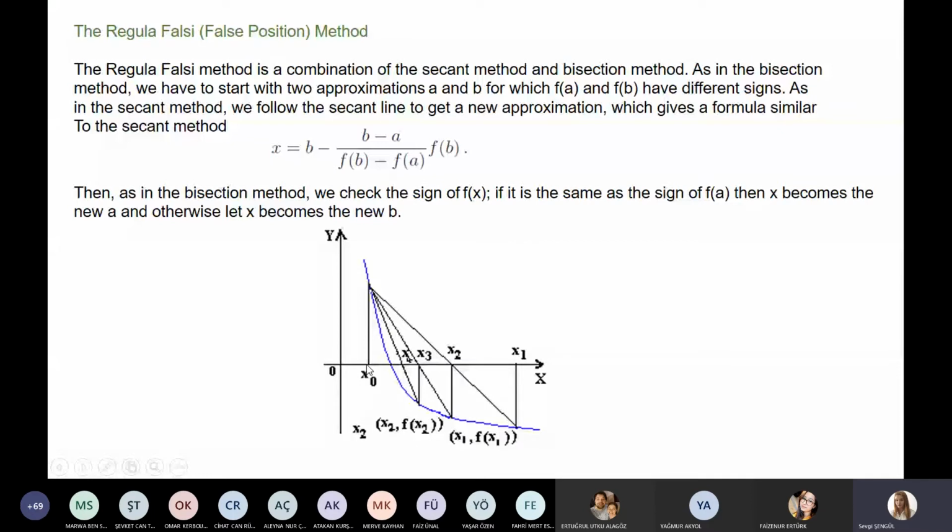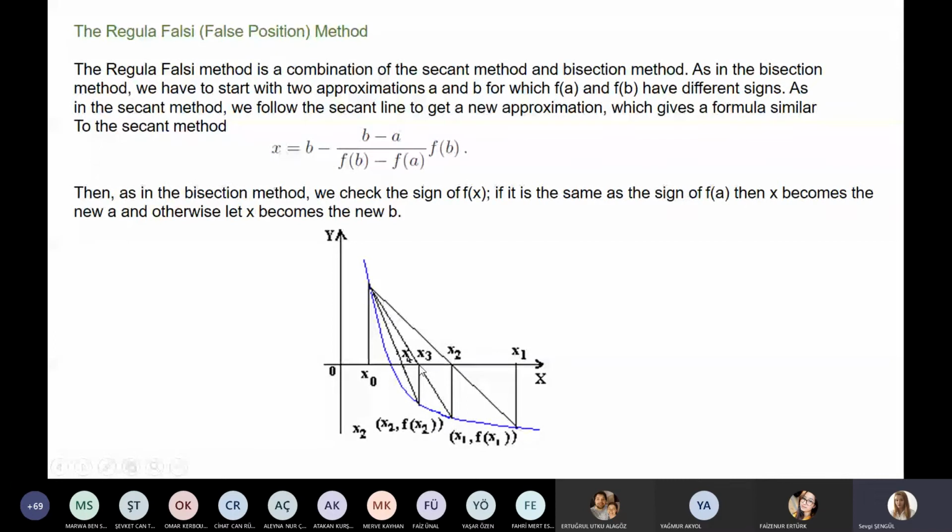So after each iteration, you need to check the sign of f so that you will update either x1 or x0. For the secant method, it's always using the previous one, x1. But for this one, it will use x0 because it has the different sign. Now with x2 and x0, it's finding the new value.